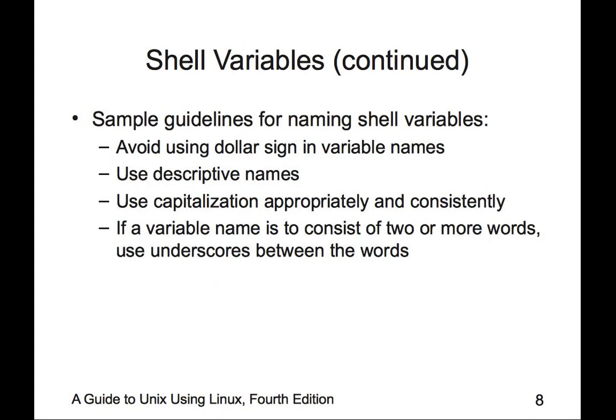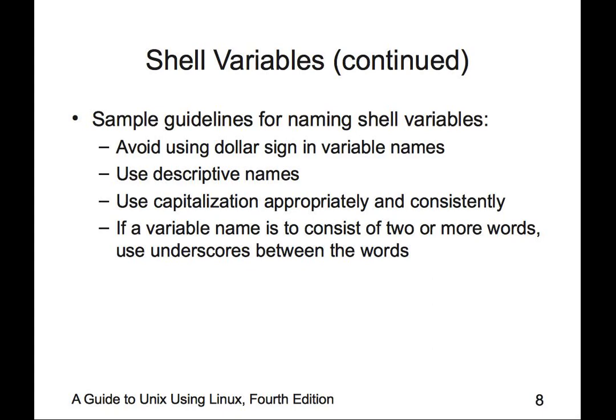Avoid using a dollar sign in the name because that can be confusing when you're referencing it with a dollar sign. Use descriptive names. I don't do that a lot, but you should use names that describe what the variable has in it. Use capitalization appropriately and consistently. If you're getting somebody's address, you get their street, their state, their city, their zip code. Use all lowercase for all of them, or capitalize the first letter.